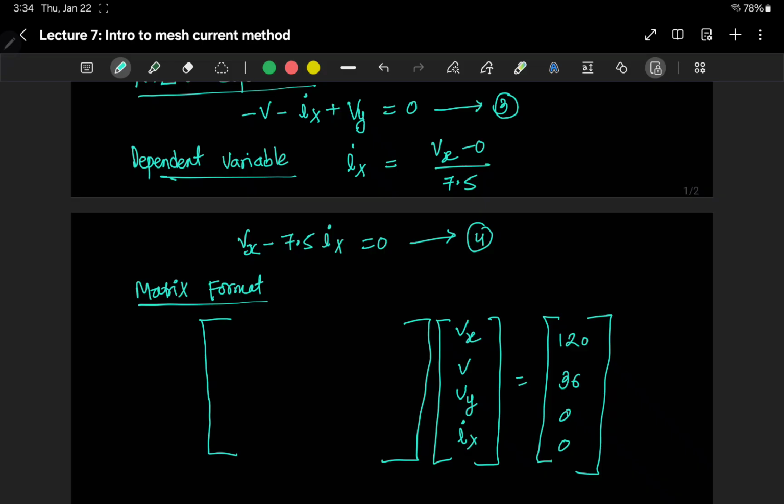Similarly, we have 1, we have minus 7.5, but for v and vy we have 0, 0. So we don't have v, so that is 0. We have minus 1, we have 1, and we have minus 1. And similarly we have 4, minus 3, 0, 0, and we have minus 4, 5, 14 and 0.